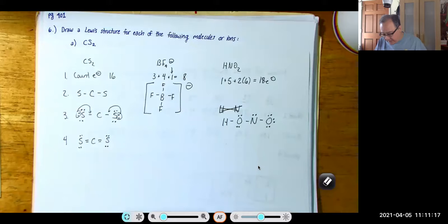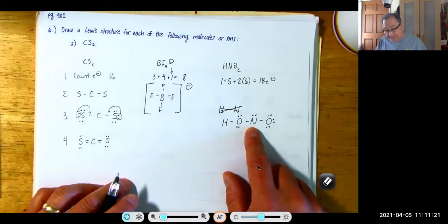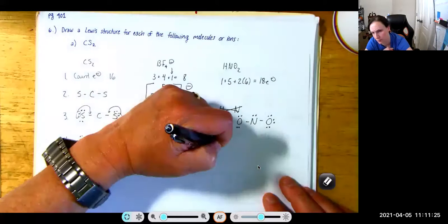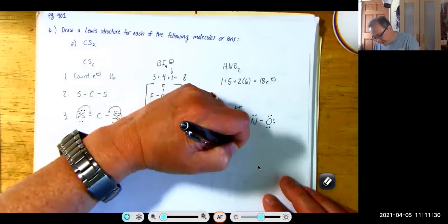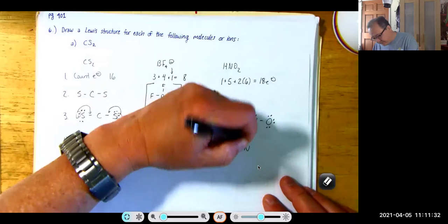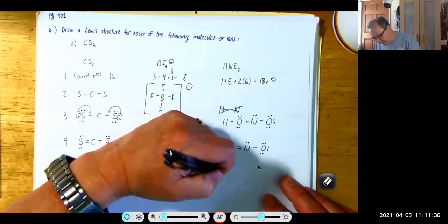Okay, so here, can you see that we don't have the number of bonds we like on nitrogen, and we don't have an octet? So here are our 2 choices. One is to do this, and the other is to do this.